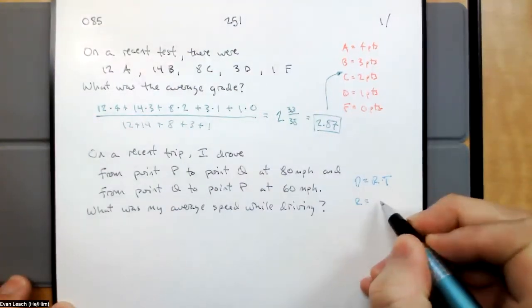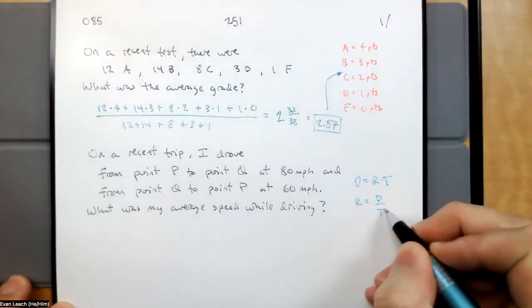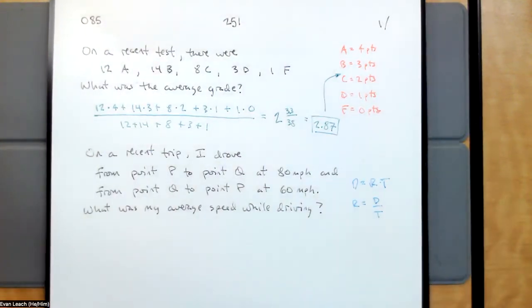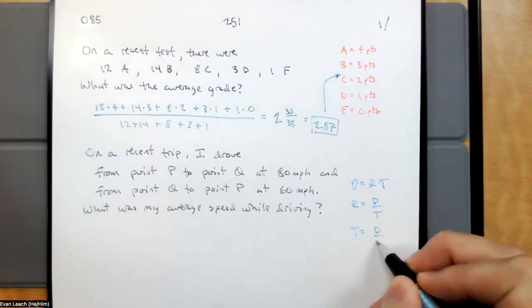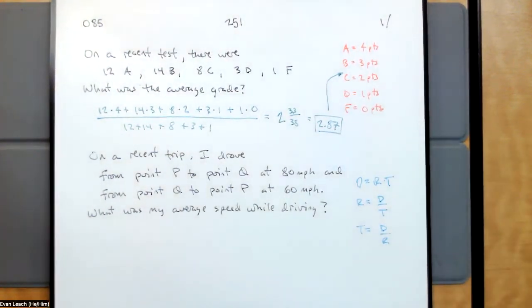So rate is distance divided by time. Well, that makes sense. Miles per hour. Per is just a word for divided by. Miles divided by hours. We can also calculate time. We can take distance divided by rate.